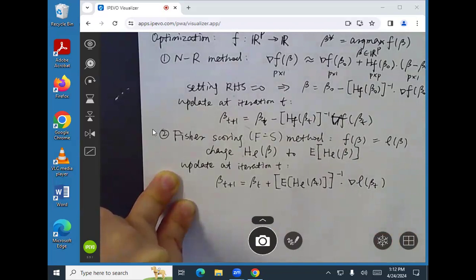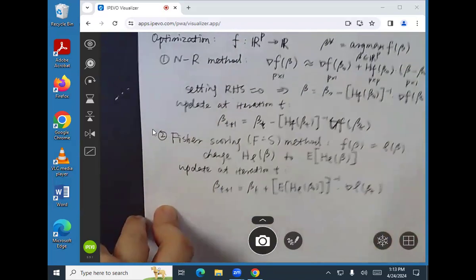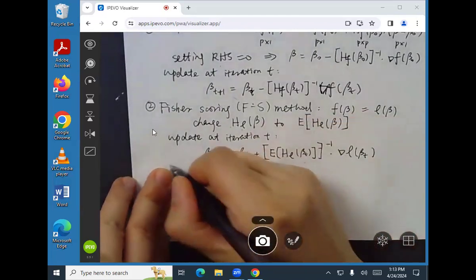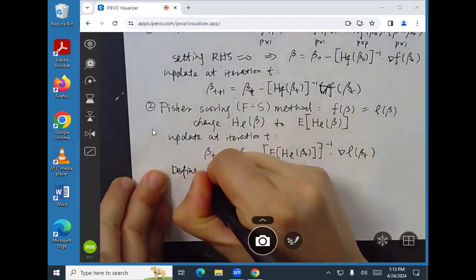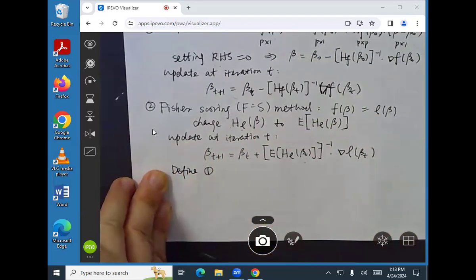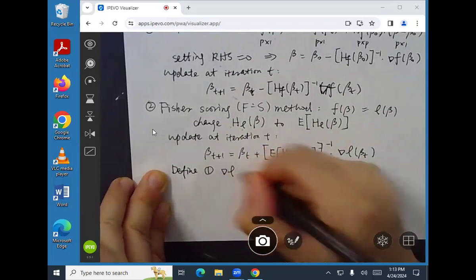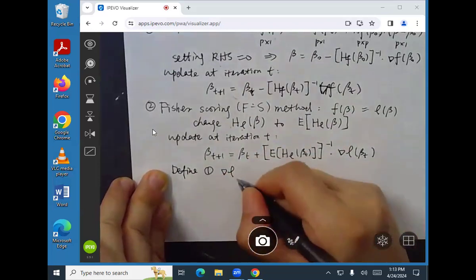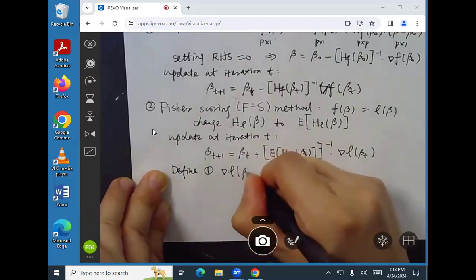One more thing I need to introduce is that for the log likelihood, we have some specific names for the gradient, and we have some specific names for the expected Hessian. So first of all, we define two things. First, we define the gradient of the log likelihood at a particular beta value.